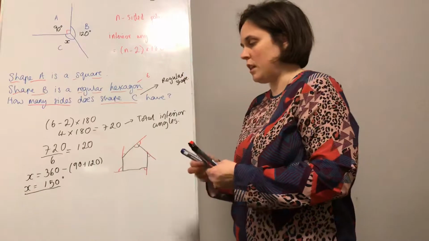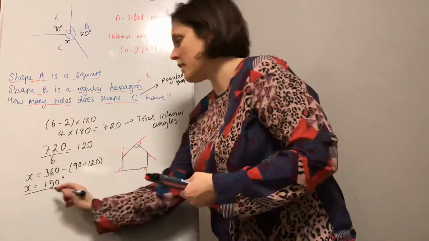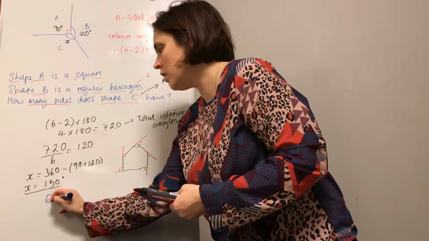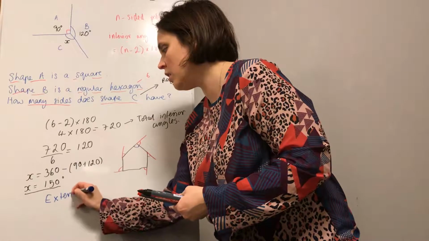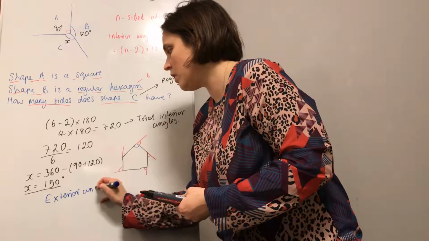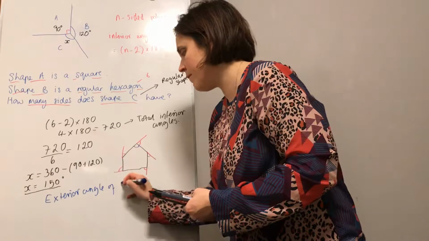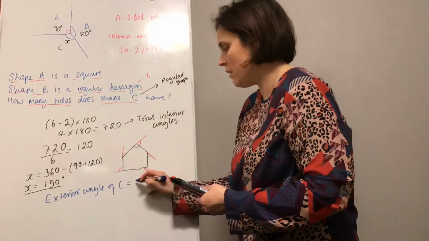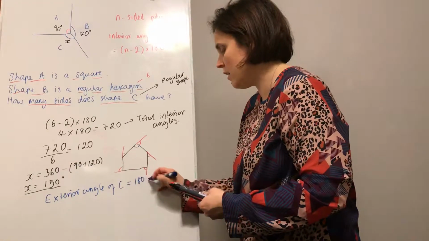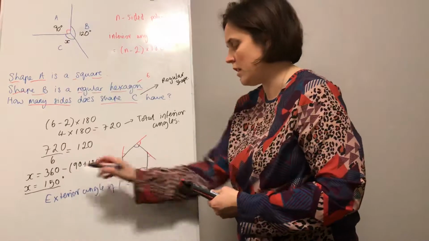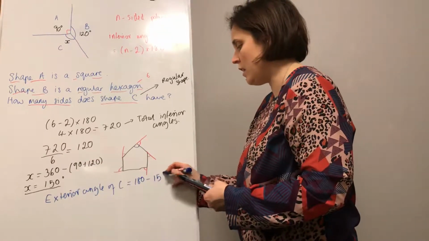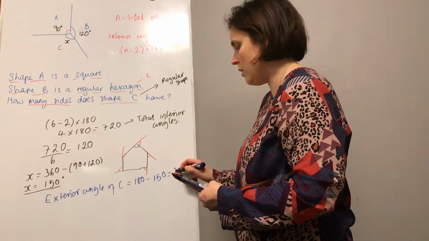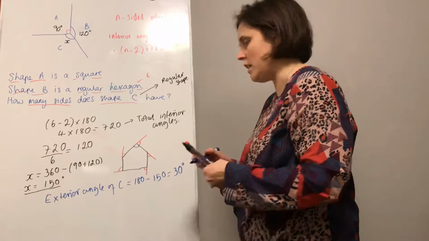So for this particular shape, the exterior angle of C must be 180 minus the interior angle, which is 150, which therefore is 30 degrees.